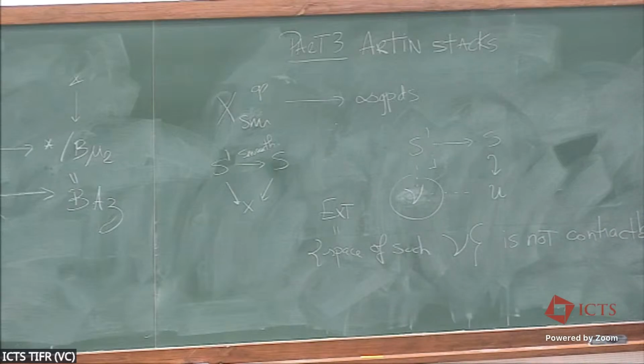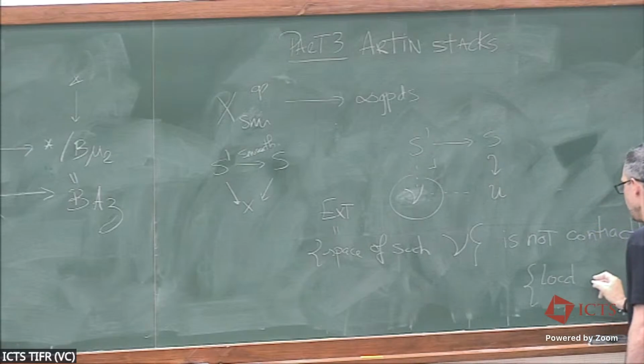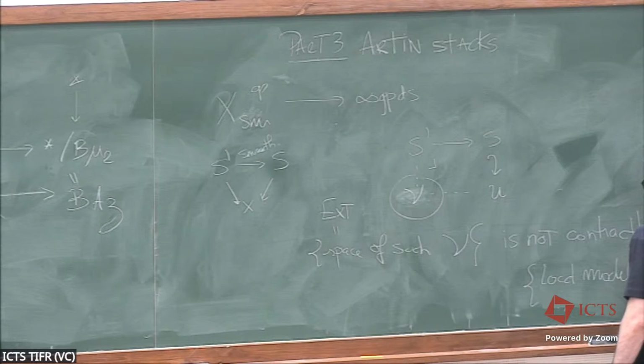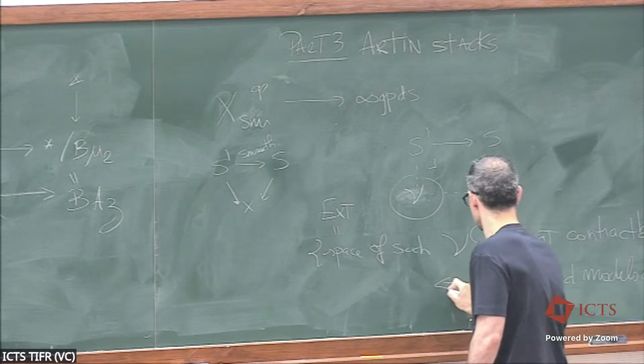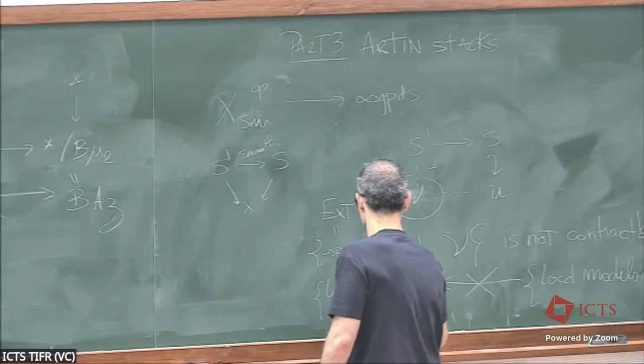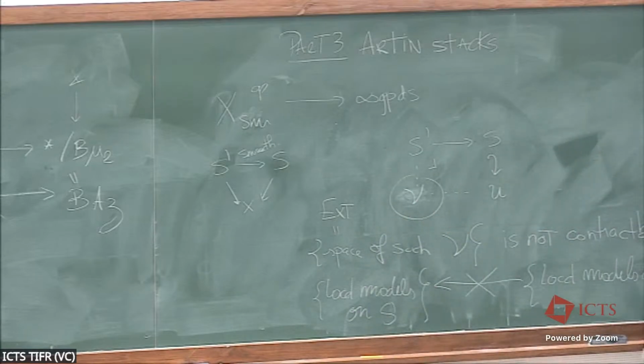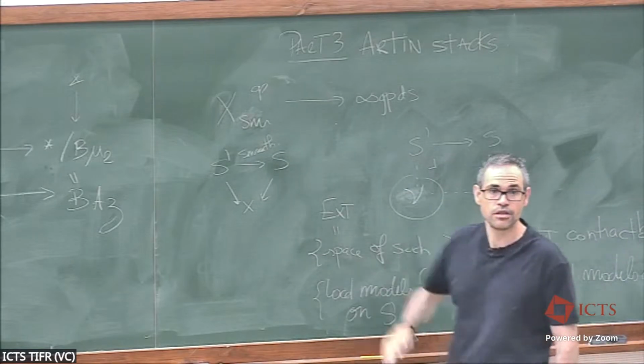So this creates a problem: there is no pullback from local models on S to local models on S prime. So there is no Darboux stack, at least in the way that we naively designed it in the first place for étale, for the Lang-Mumford.